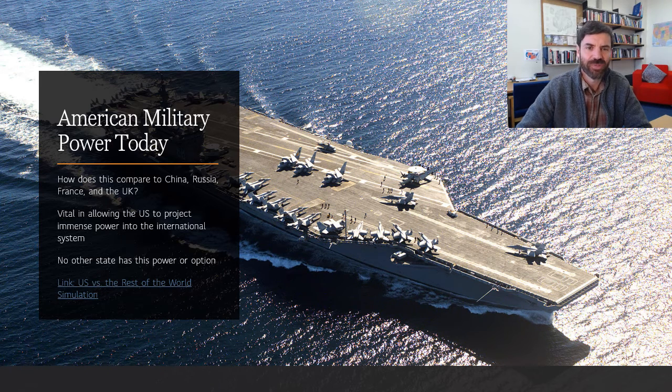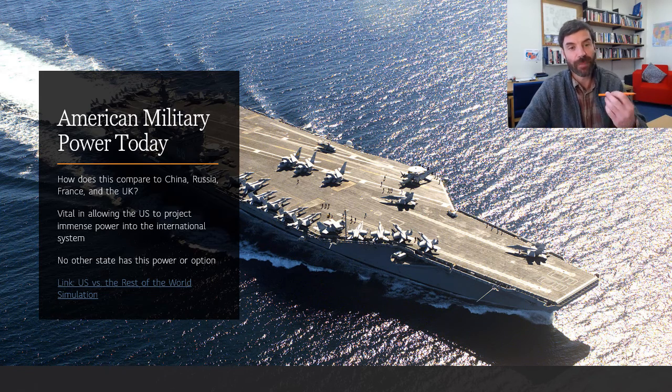Either way, think about how all this compares to China, to Russia, to France, and maybe even the UK. For the most part, their aircraft carriers are so few in number that they really just need to be used to defend the homeland and their own borders, and they're not really able to project military power too far beyond this. In other words, they're mostly used in a defensive way.